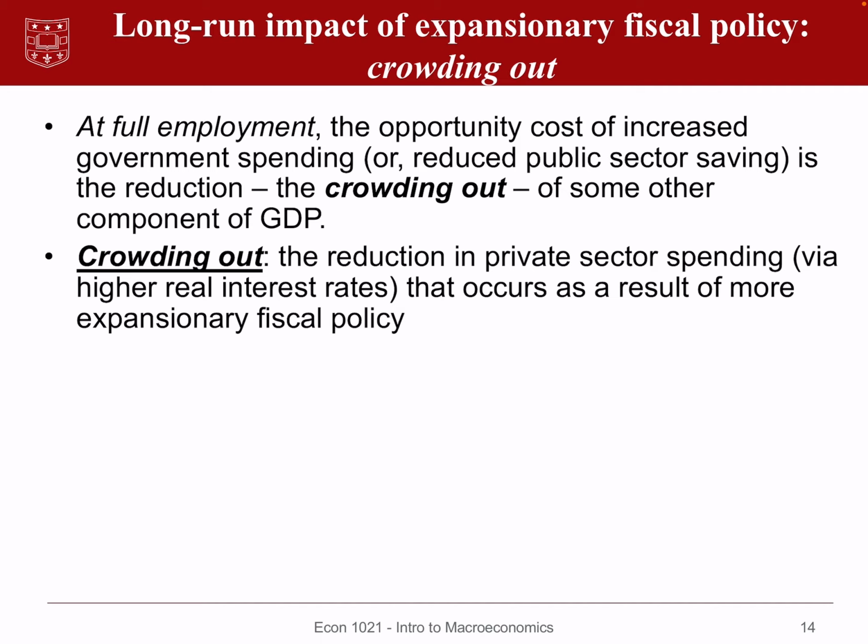Some people are arguing against that because it will take an already massively larger budget deficit than we've seen in recent history and make it even bigger. And their criticism of this is that expansionary fiscal policy can lead to this phenomenon known as crowding out.